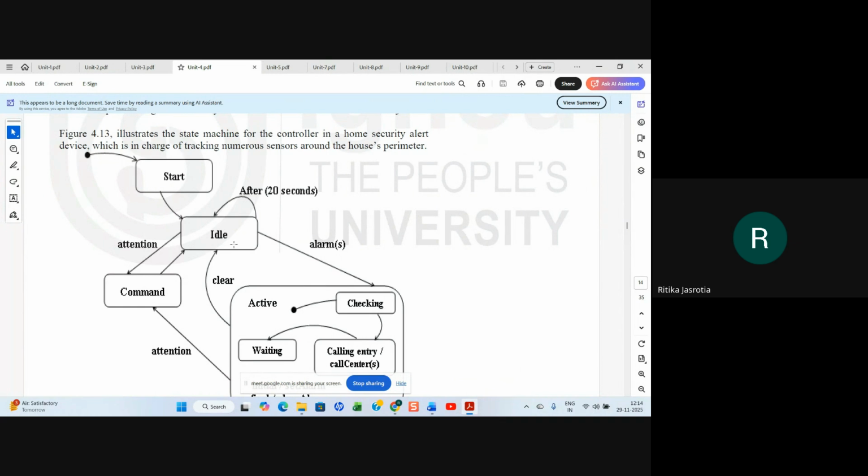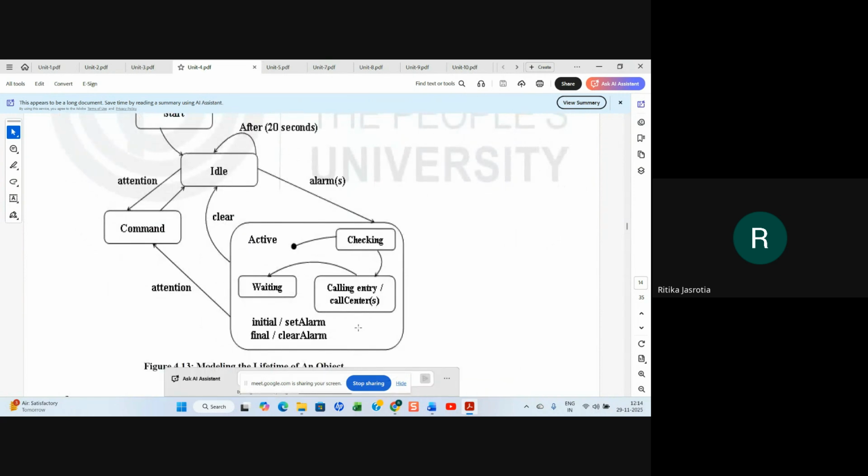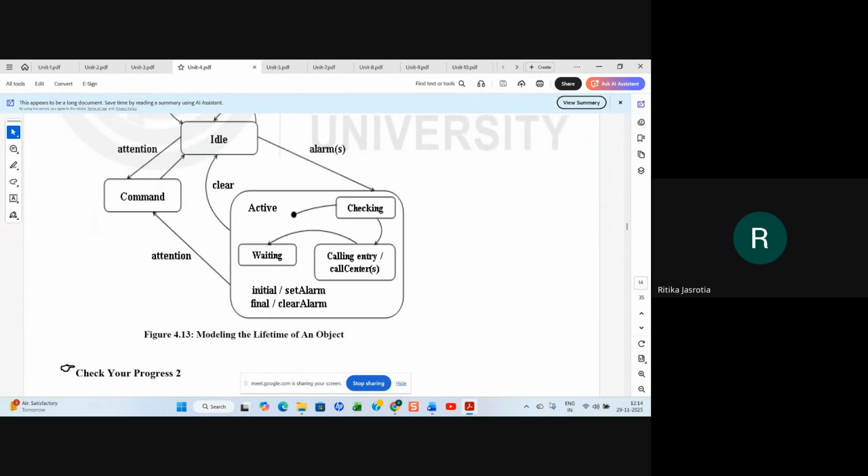Whatever command is given comes to the alarm system. A substate is there where, if it is active, it is checking, then calling entry or call center, then waiting, and then clear to idle. So this kind of alarm system they are making.